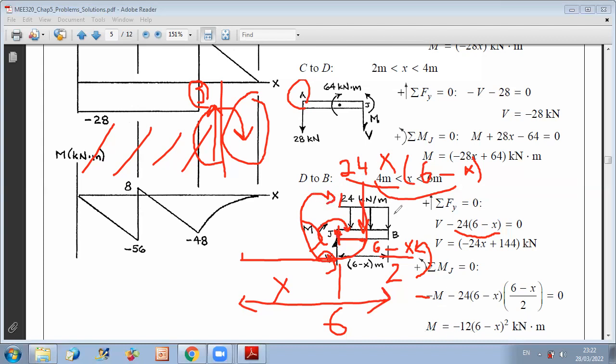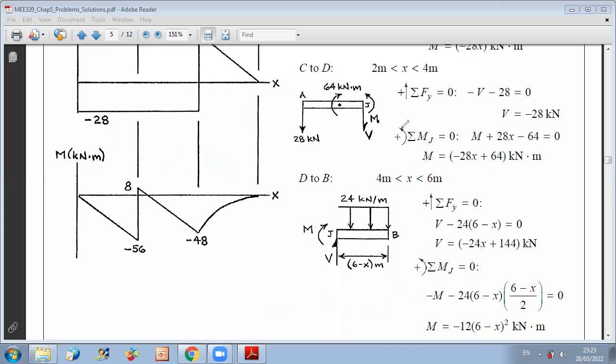So it's minus 24 times (6 minus x), which is the force, times the distance to the point, which is (6 minus x) over 2, equals 0. Then you get that the bending moment M is equal to minus 12 times (6 minus x) squared. As expected, this is a second degree parabola, and you can check from this expression that the concavity is downward. So now, whether you use the section or area method, you will draw your shear and bending moment diagram.